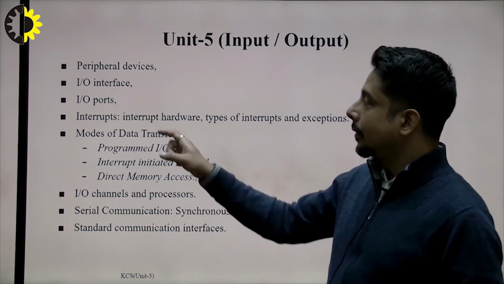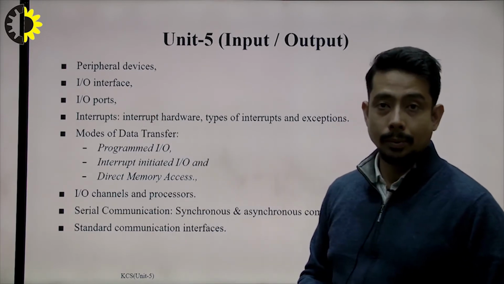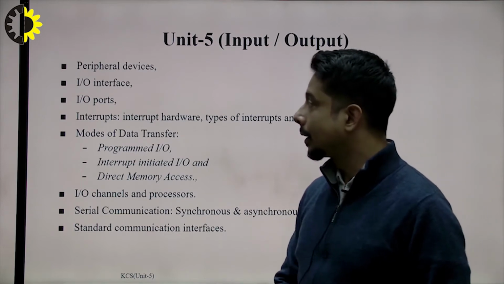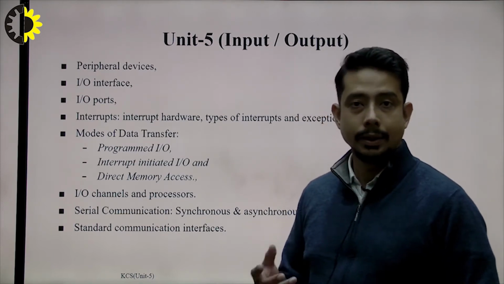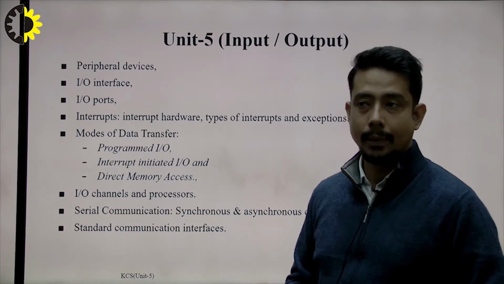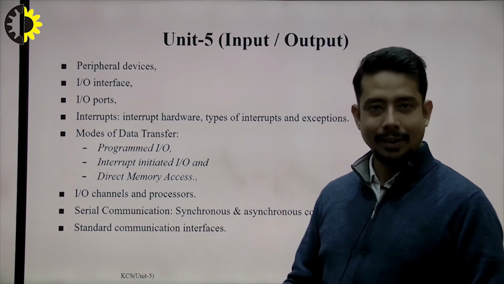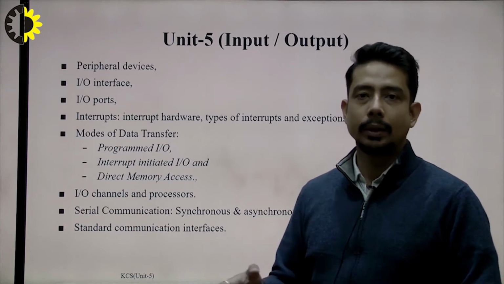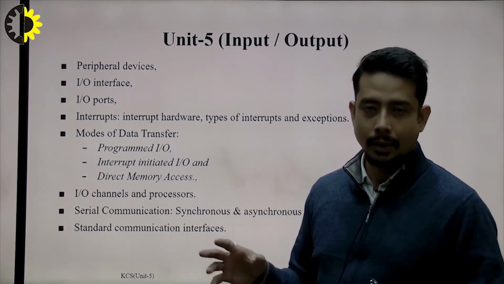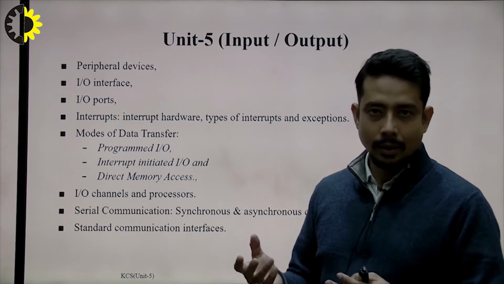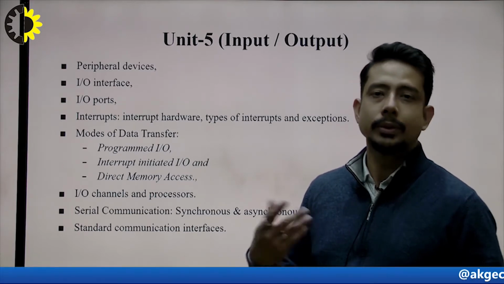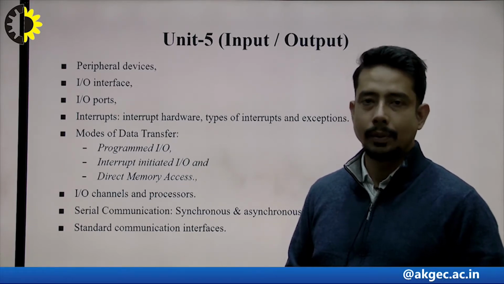Then we will be looking at various types of input output ports, like serial ports and parallel ports, with different examples. I will try to bring out a circuit where you will be able to see the different types of ports available, and we will discuss most of the ports. It's not possible to discuss all the ports, but yes, some of them.